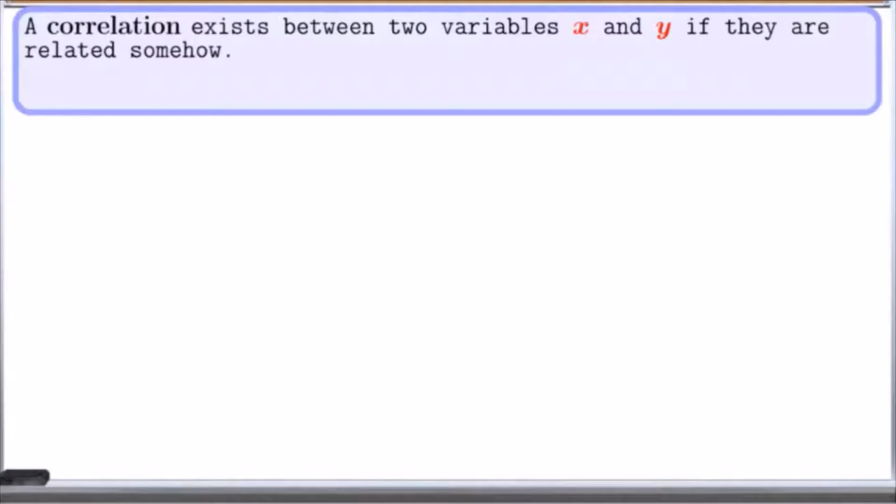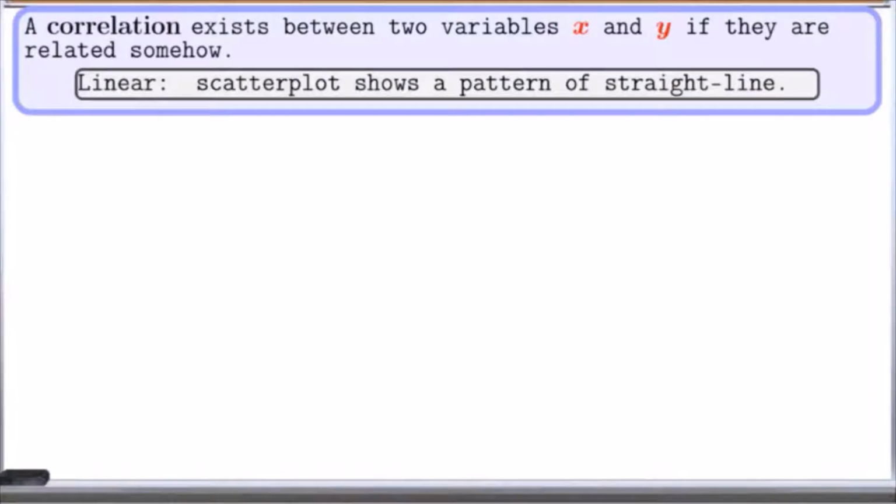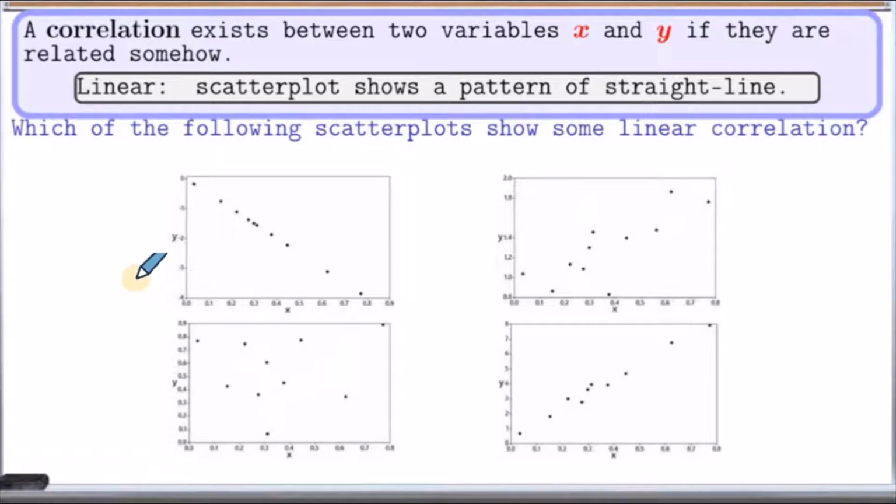Let's talk about correlation. Correlation exists between two variables x and y if they are related somehow. A correlation is linear if the scatter plot between two variables shows a pattern of a straight line. Here we are given 4 scatter plots. Let's look at this one here.